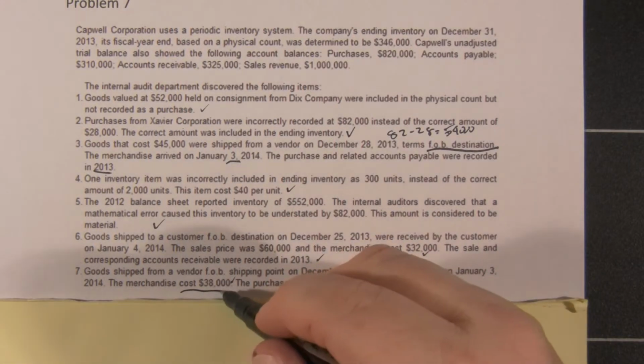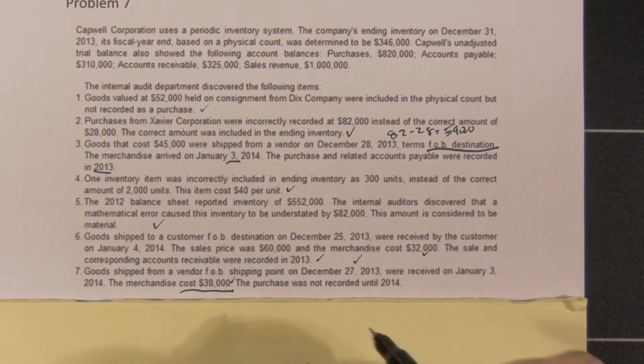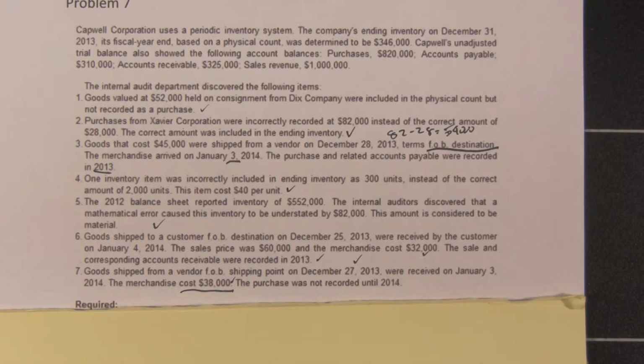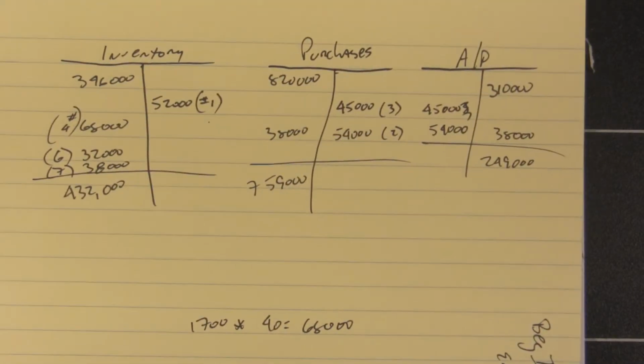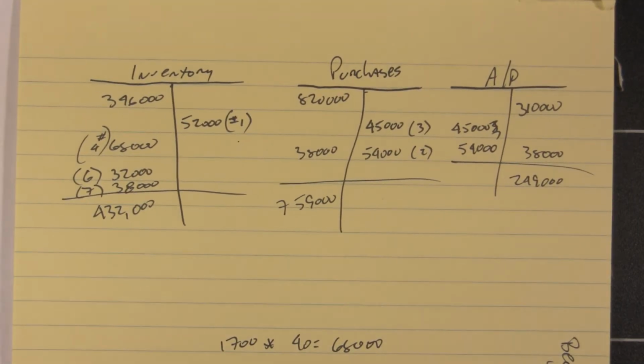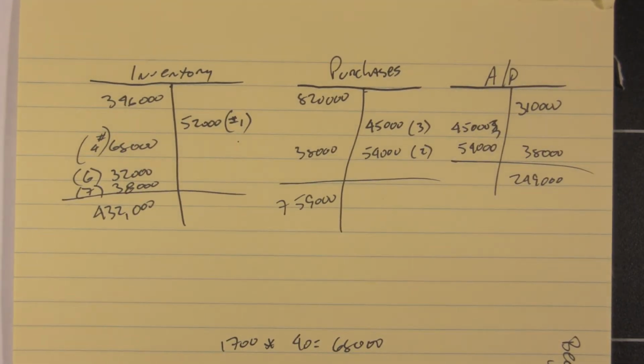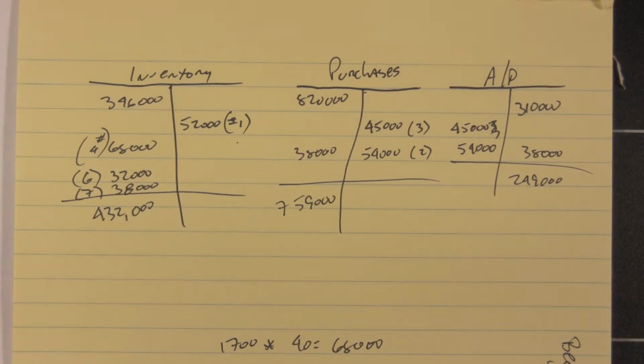This merchandise cost us $38,000, and it's FOB shipping point, so that's ours, so we owe for that. So when you total that up, our accounts payable is $249,000. The trick with these is to get each piece, set up your T accounts, and just label them so that you know where each piece came from. It just makes your life easier.